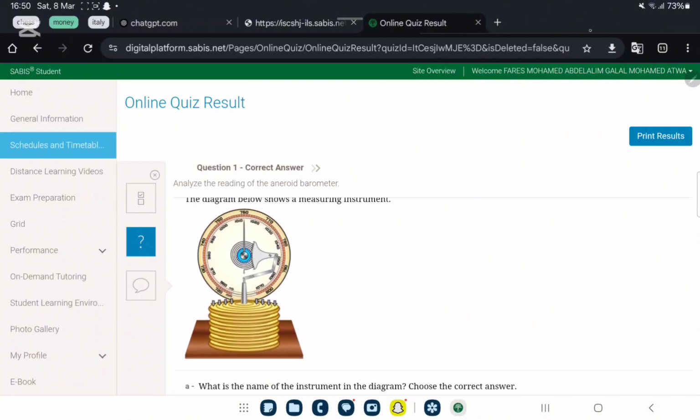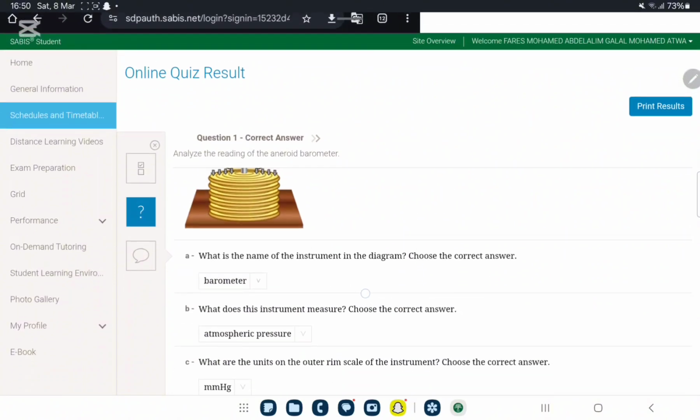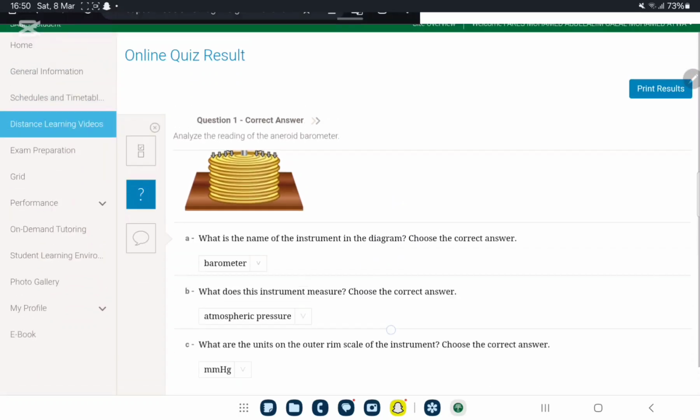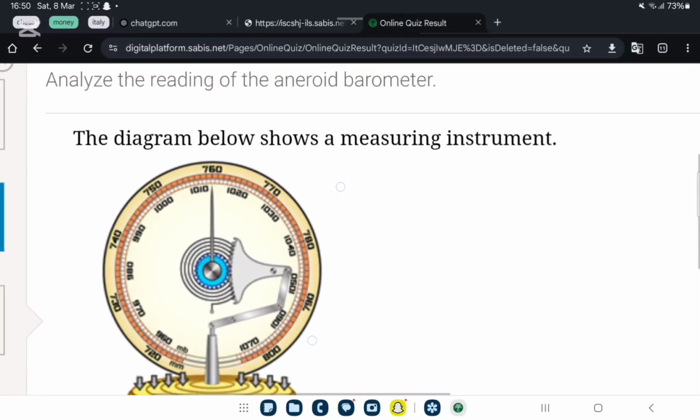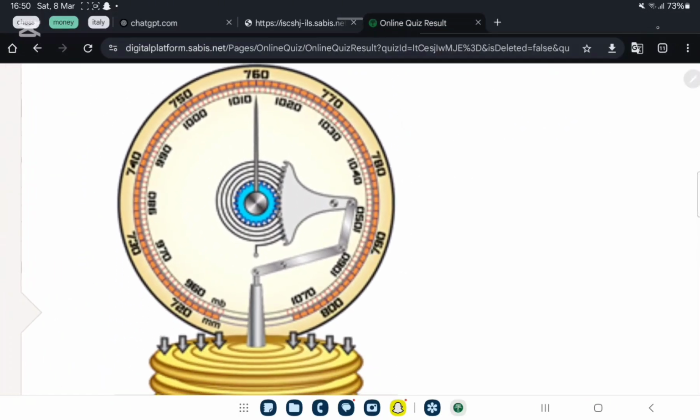You should know this instrument. It's called a barometer. You just have to memorize it, a barometer. And it measures atmospheric pressure, and the unit in the first ring, you can see it here, 760 for 1 millimeter.